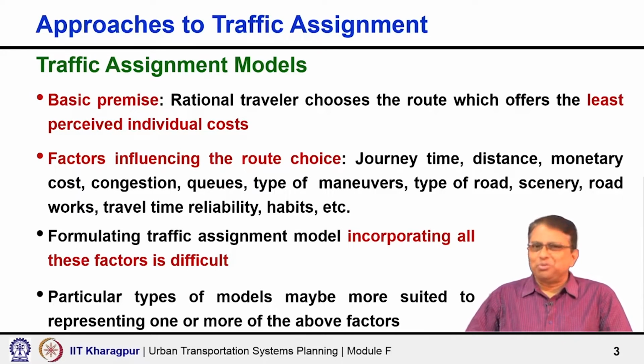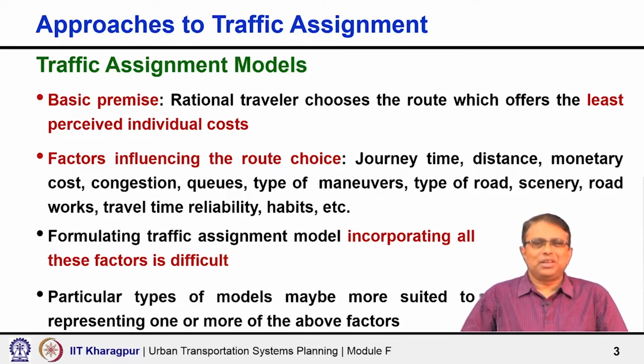So, it is very complex, not at all a simple task, and it is really difficult, because human beings are the most complicated elements. Their thought process, what they consider, you have seen in our choice models also, when I was talking in the context of mode choice, I said that the considerations themselves may be very different.